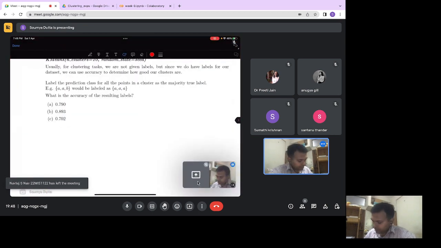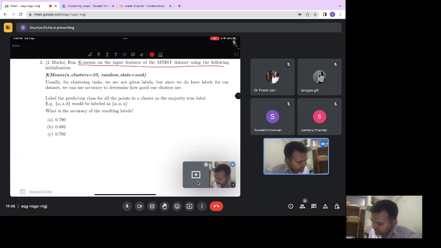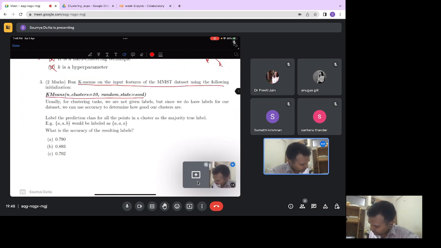Yeah, so we have come back to the same PDF. Now label the prediction. As we saw, what is the accuracy? Basically run k-means on the input features of the MNIST dataset using the following initialization. This was the initialization that I had set. Seed is actually set to be 42; you have to set it to 42.